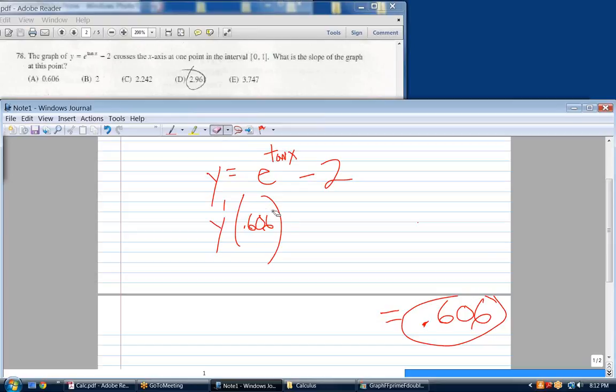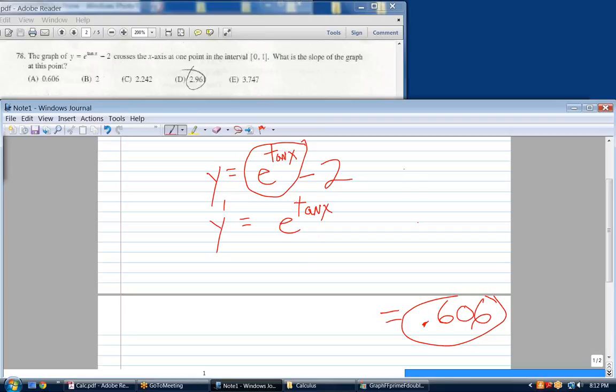So what is y prime, first of all? We'd have to take the derivative of the first function. Okay, use the chain rule. So the derivative of e to the u would just be e to the u. Right, e to the tan x, but then we need to multiply it by the derivative of the inside.